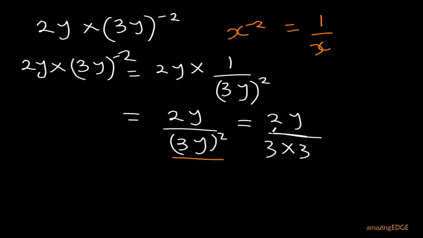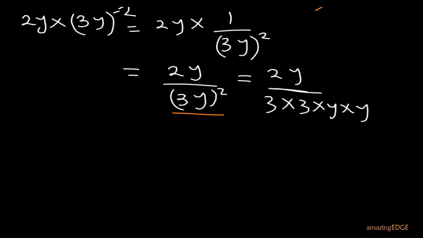Now what of the y? So y is y times y, because we have y multiplying itself. So this will give us 2y over 3 times 3 times y times y. If you want, we can do the cancellation, like we did previously. One of this y can cancel one of this y.